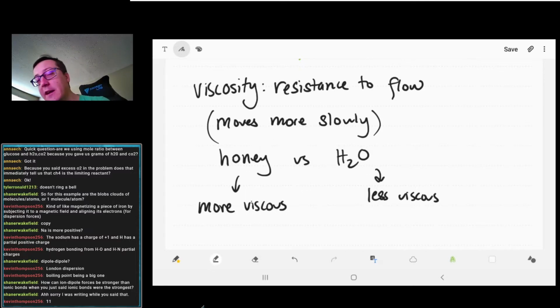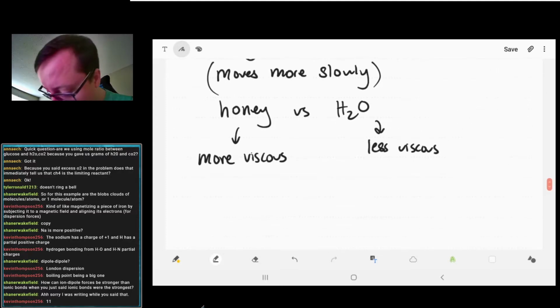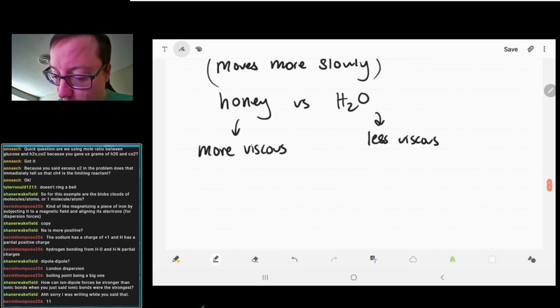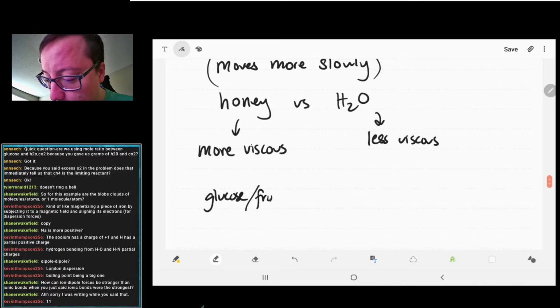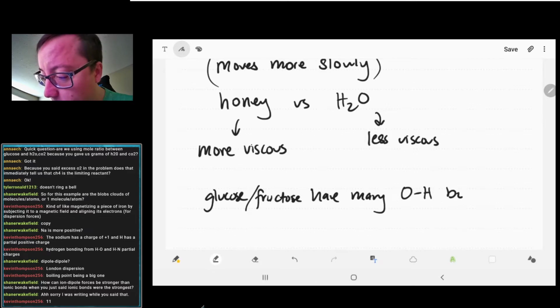So if you put your honey in the microwave or warm it up in warm water or something, it's going to become less viscous because the interaction between the water and the sugar molecules is going to become less. So there is more hydrogen bonding in honey. So glucose or fructose have many OH bonds that will hydrogen bond with water.